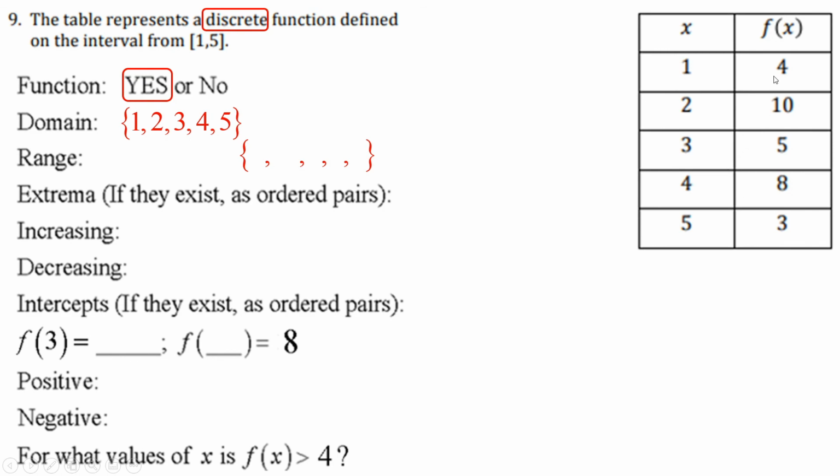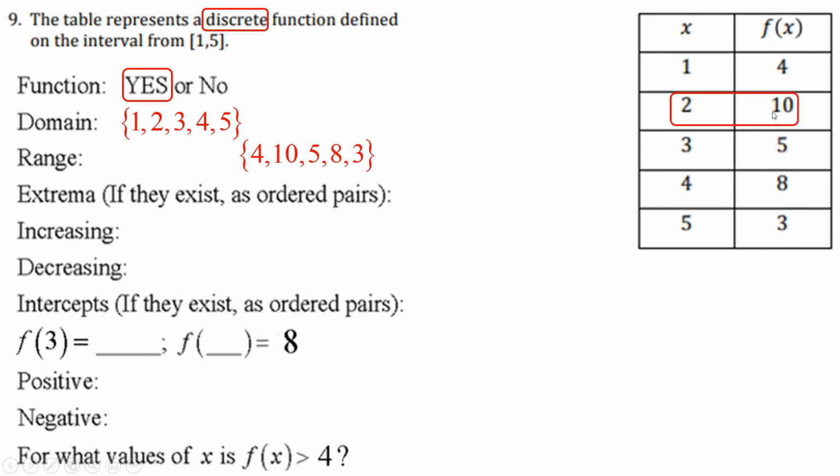I'm going to put them in the order I see them: 4, 10, 5, 8, and 3. If you wanted to put those in order, you could. But I think it says a lot more when I put them in the order that I see them in the table.